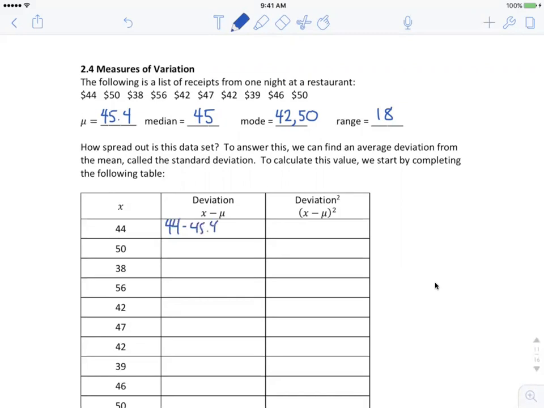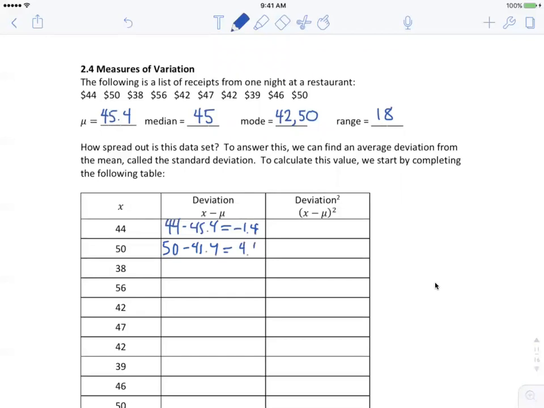So on these problems, it's really important to get the mean right because you use it a lot. If the mean's wrong, the whole thing just kind of falls apart. And this is negative 1.4. If I did 50, I'm doing 50 minus 45.4, right? So all of them are just subtracting that 45.4 all the way down.